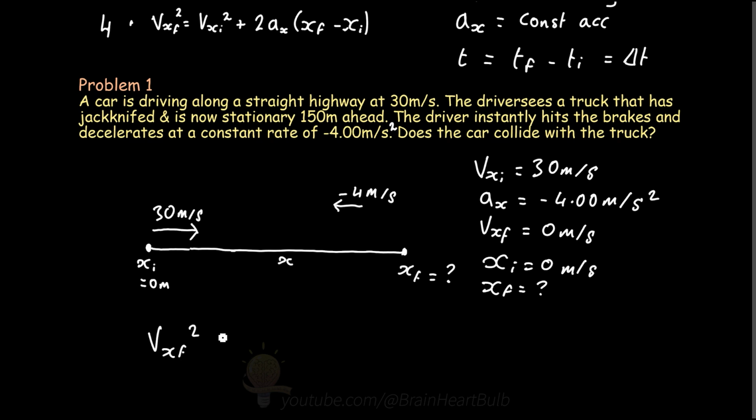The final velocity squared minus the initial velocity squared, divided by 2 times the deceleration, plus the initial position. And that will equal the final position. So all we need to do now is plug in these values.